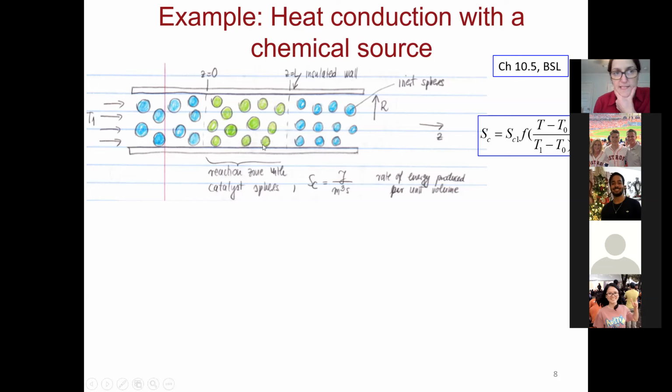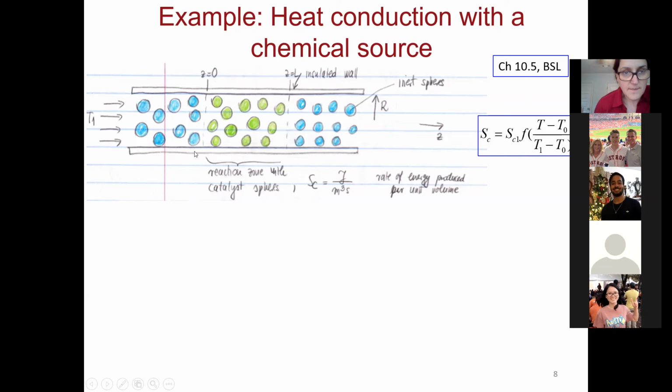So within this zone of reactive spheres, they have reactive surfaces, and that's a source of heat. That source of heat is typically known and measured. We have some expression for the rate of energy produced per unit volume. And here's one example of how this looks: it's some constants times a function that depends on T0 and T1.